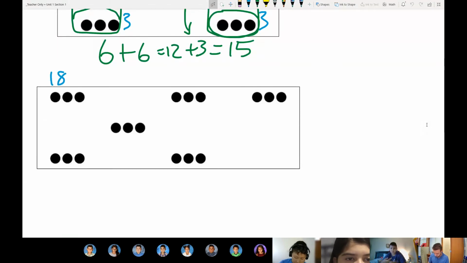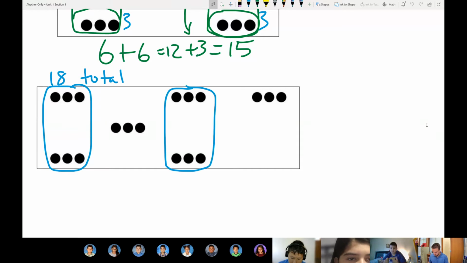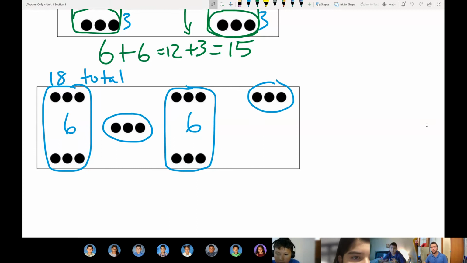So I added them up and got 12. But then I realized there was another 2 pairs of 6, and then I added the 6 to the 12, and that equaled 18.